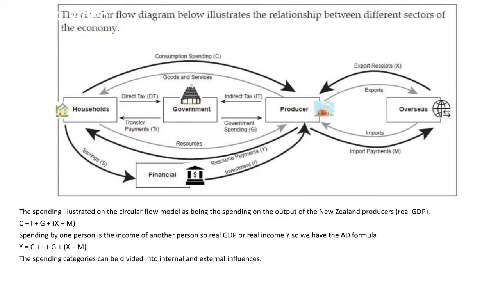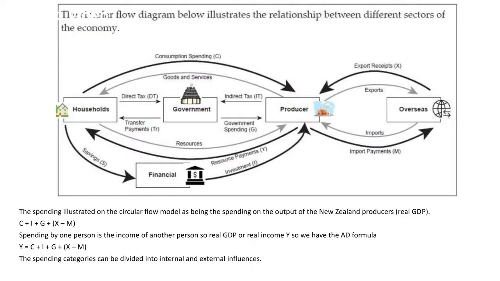G is government spending, so that moves from government to producers. And then X minus M: export receipts come from the overseas sector, and import payments, remember, is money leaving our country to go overseas. Any of those factors shift the AD curve. It's really important that you know those.